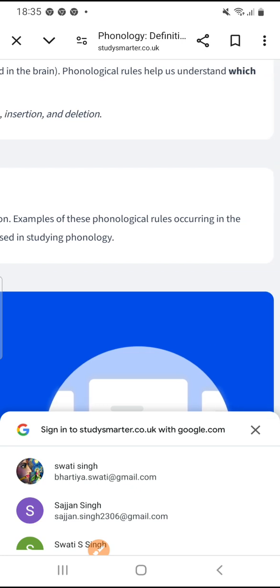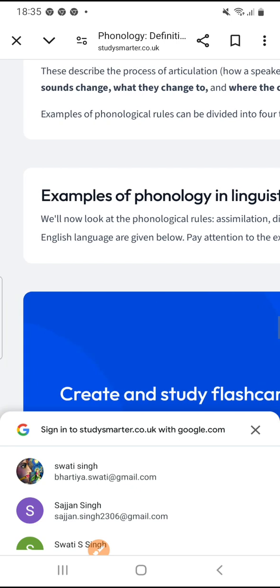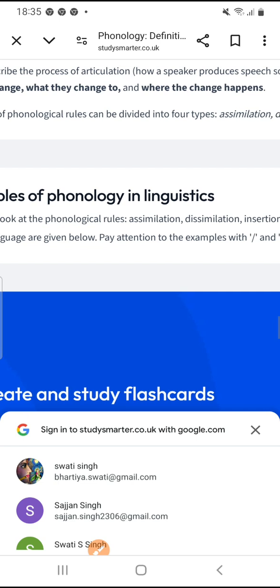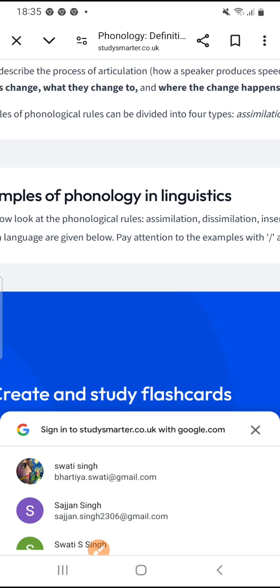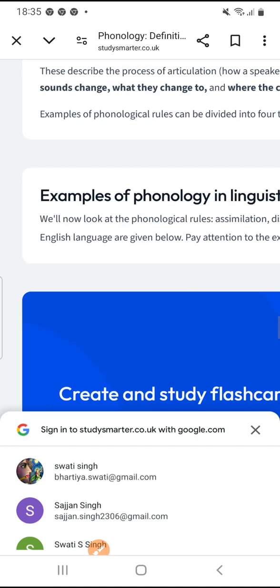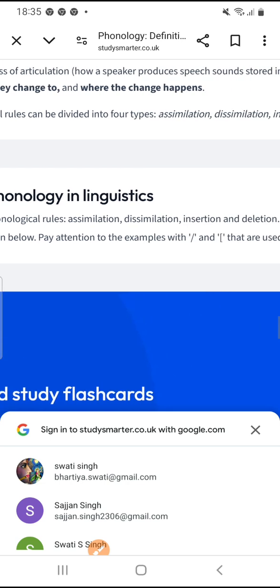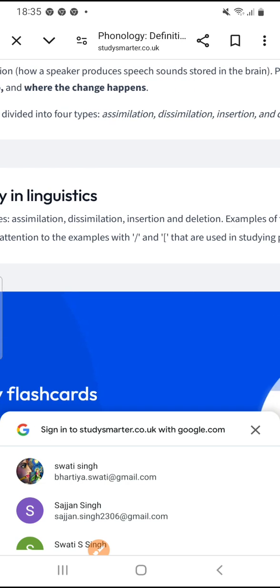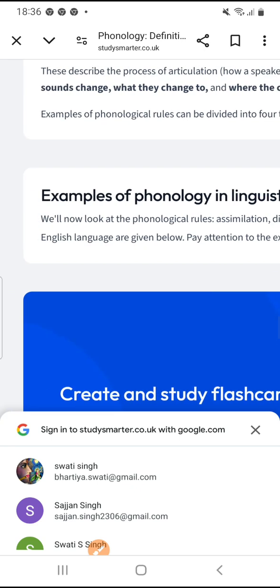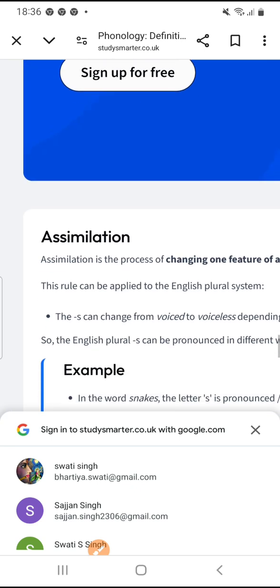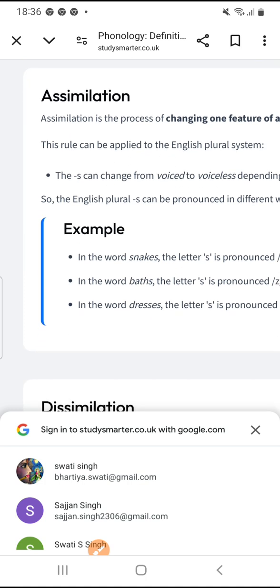Phonological rules help us understand which sounds change, what they change to, and where the change happens. Phonological rules can be divided into four types: assimilation, dissimilation, insertion and deletion. This is very important for phonology.